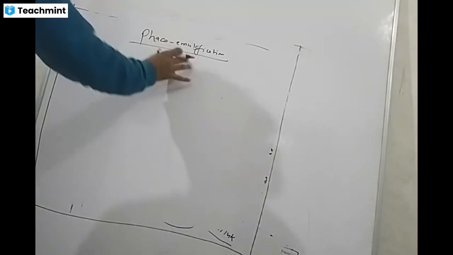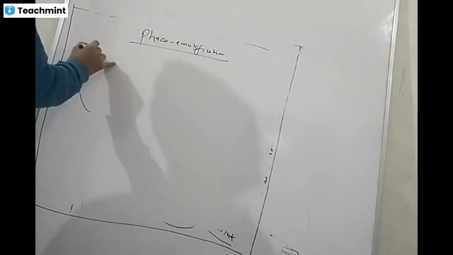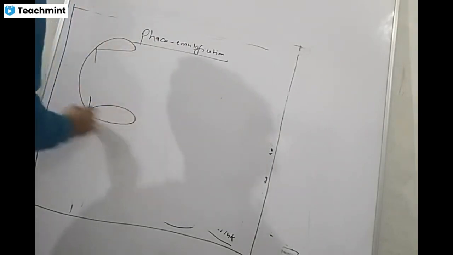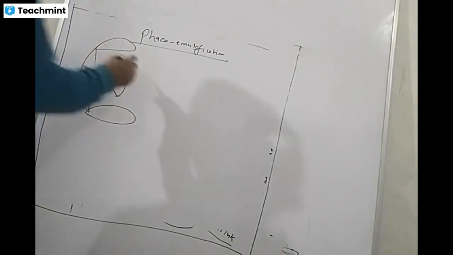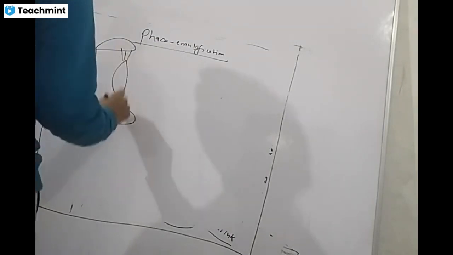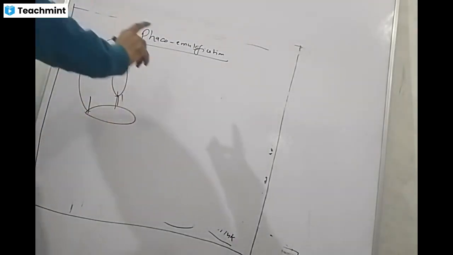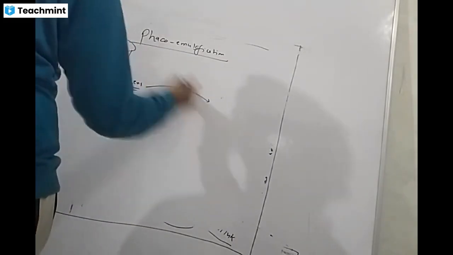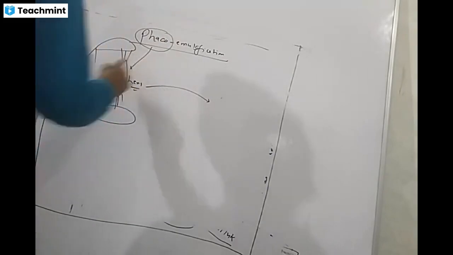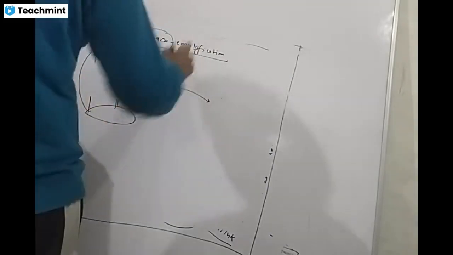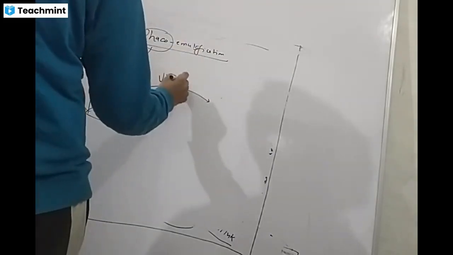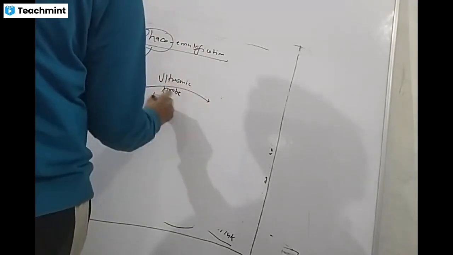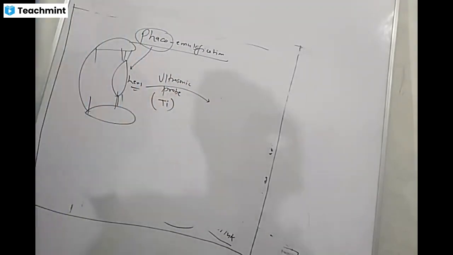So in this case, phacoemulsification. This is the cornea, iris, ciliary body, and this is my lens. It is attached. Phaco means lens and emulsification means we have an ultrasonic probe, which is made up of titanium.